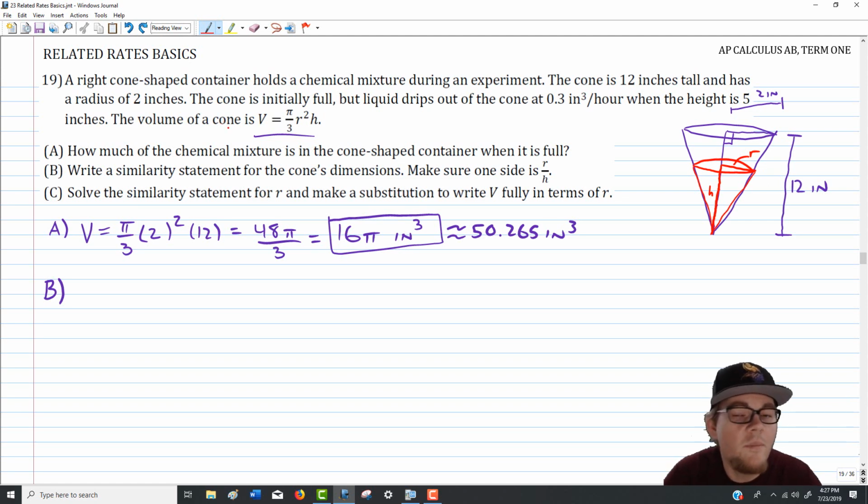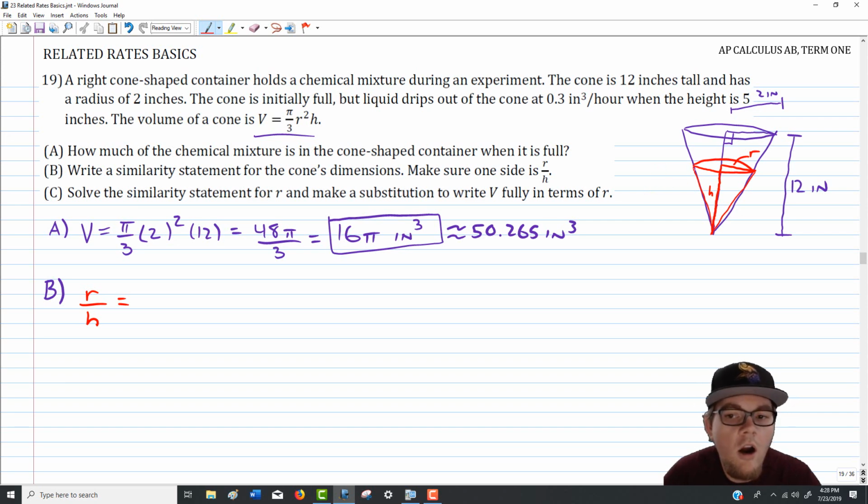So we set up a similarity statement that allows us to connect the two cones together and ensure that r and h have a proportionality or a scale working together as you move through the problem. Let's just look at the ratio of r over h. That ratio is going to be the same everywhere, even as r and h change. Or better put, as r changes, h will change proportionally too. And that proportion is equal to the original arrangement of our cone.